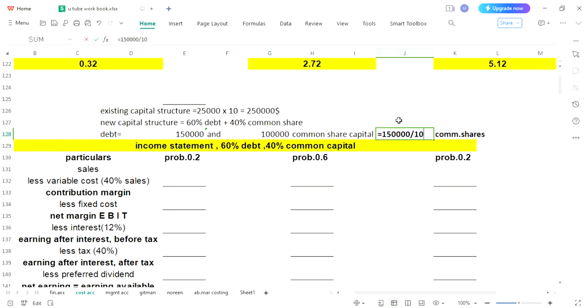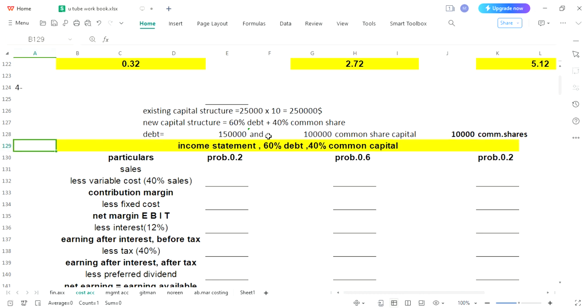For common shares, one share is rupees 10 and we have 1 lakh as our common capital. So finally every input has been completed. Please note it down. We do have 10,000 shares, 1 lakh capital, 150,000 debt. Collectively it would again become 250,000. So our capital structure volume has not been changed, but proportion has been changed.